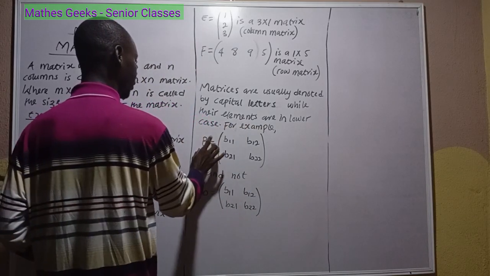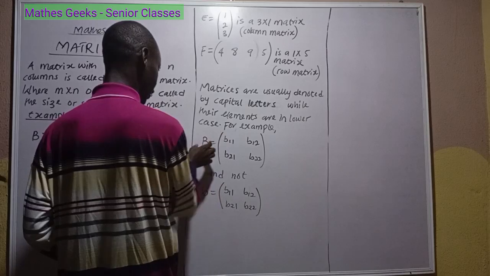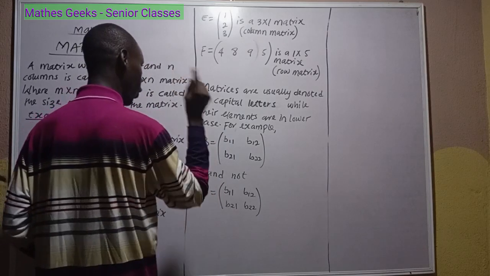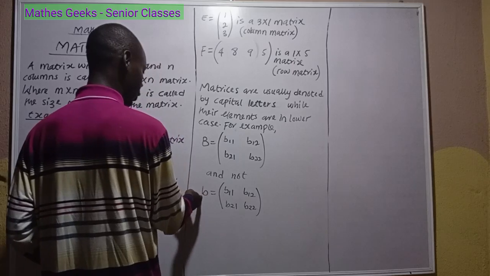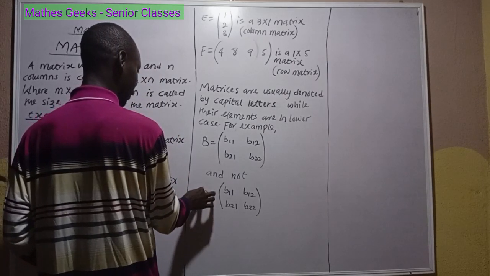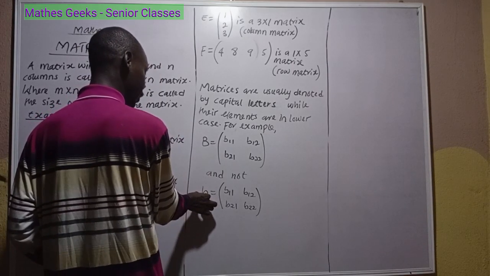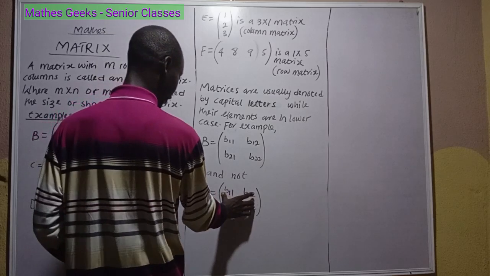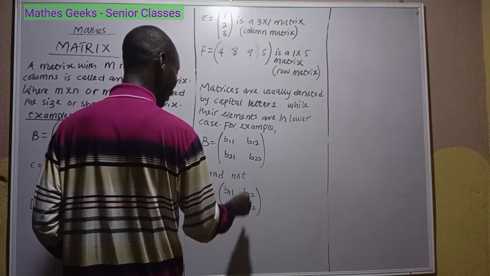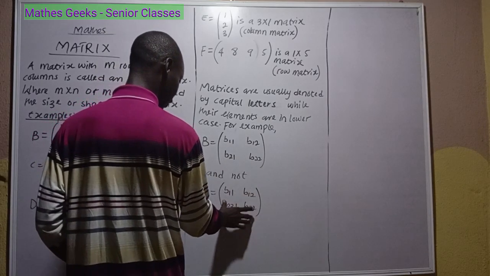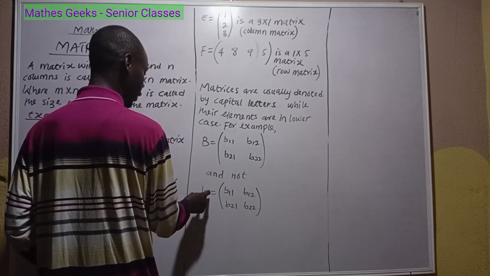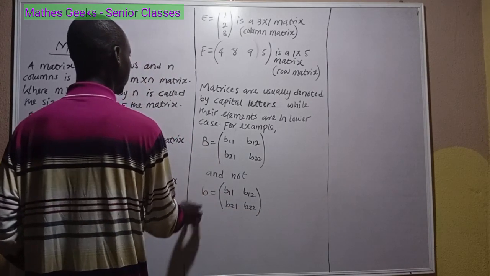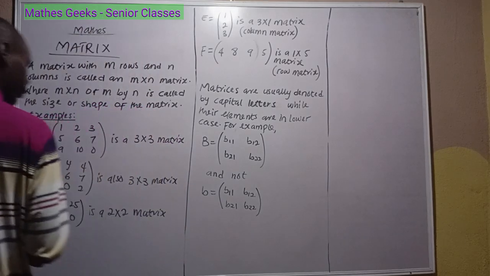For example, the matrix B is written as B, where B is in uppercase, as a capital letter, and not lowercase b. So you don't write a matrix like this. The elements are supposed to be in lowercase, which in this case is correct, but not the matrix name here in lowercase. It must be in uppercase. So that's what you should take note of.